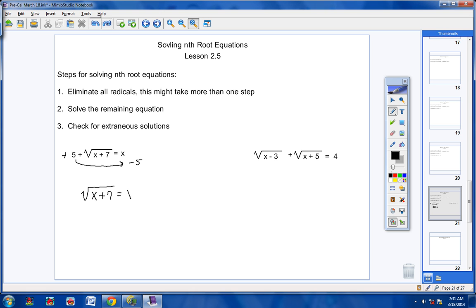If the original problem would have had a negative sign in front of the radical, then you'd have to bring that negative sign down, and your next step would be to make this radical positive, but then you would come over here and change all of these signs, and your x would be negative and your 5 would be positive, okay? So when I say to get the radical all by itself, you really need to make sure it's completely by itself. You would not want a negative sign right here, okay?